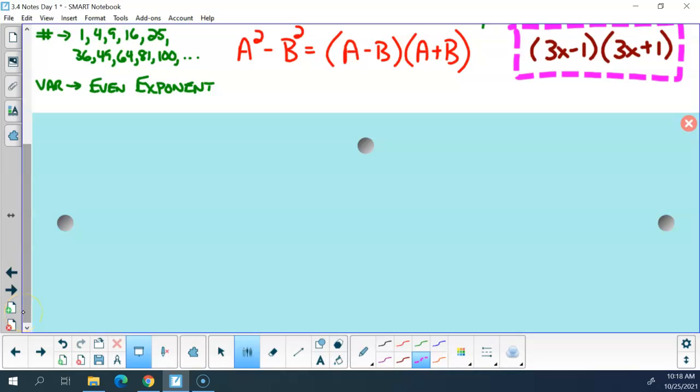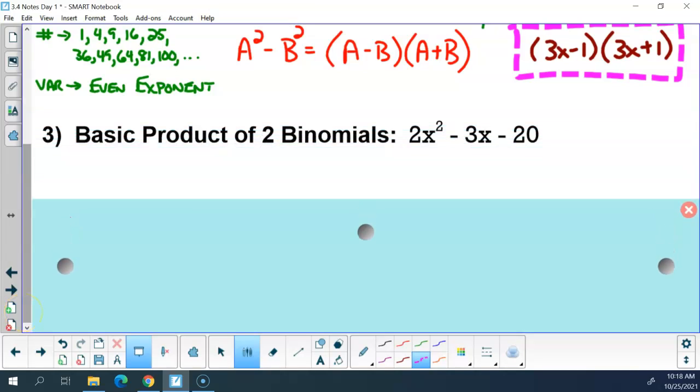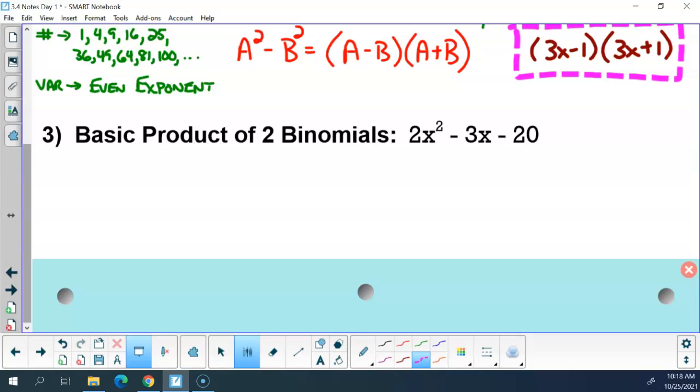The next one is what's called the basic product of two binomials. That's the fancy math term for what we're doing.